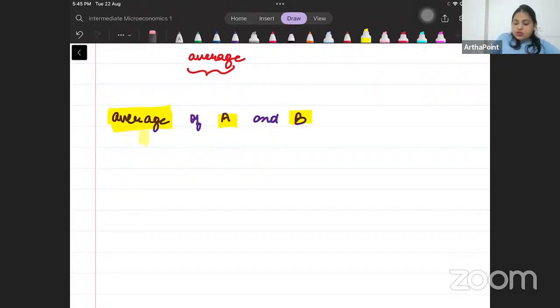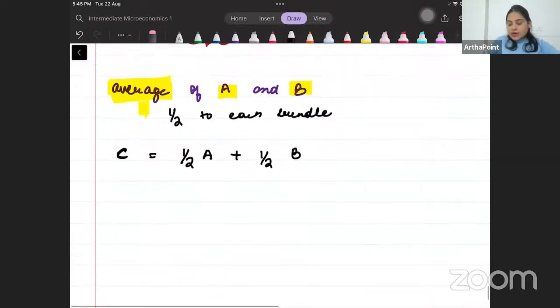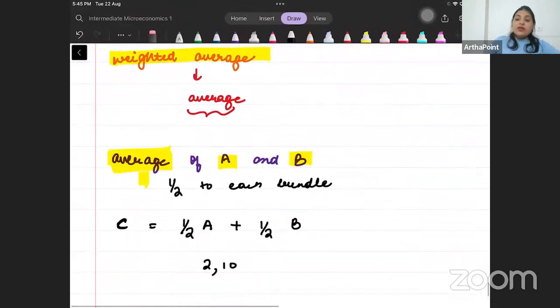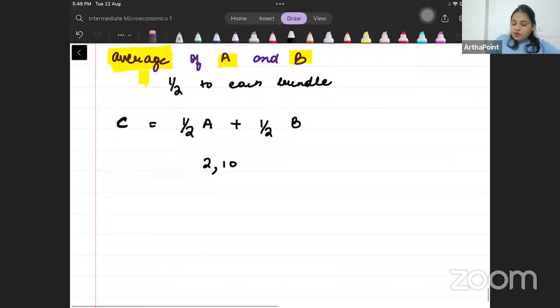So in average, we give weightage of half to each bundle. ठीक है. मतलब I am giving a weightage of half to A and a weightage of half to B, and I'm adding them to form the new bundle C. ठीक है. So bundle A क्या था बेटा? Bundle A था 2,10. So 2 units of good X and 10 units of good Y. So bundle A was 2,10.